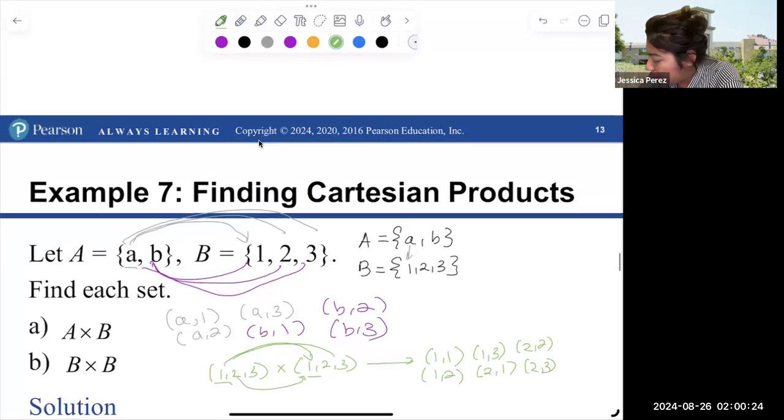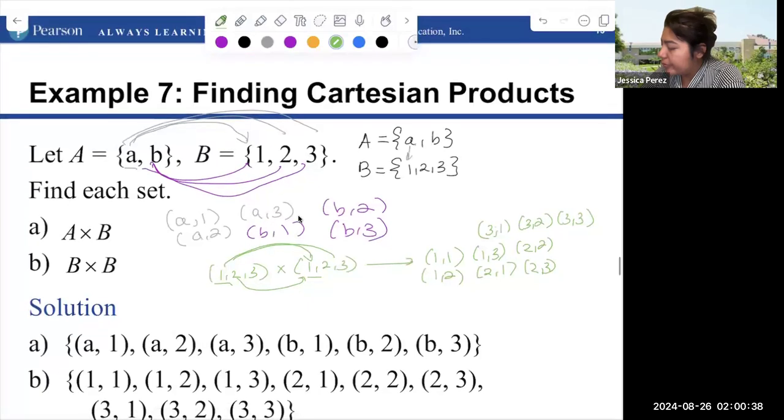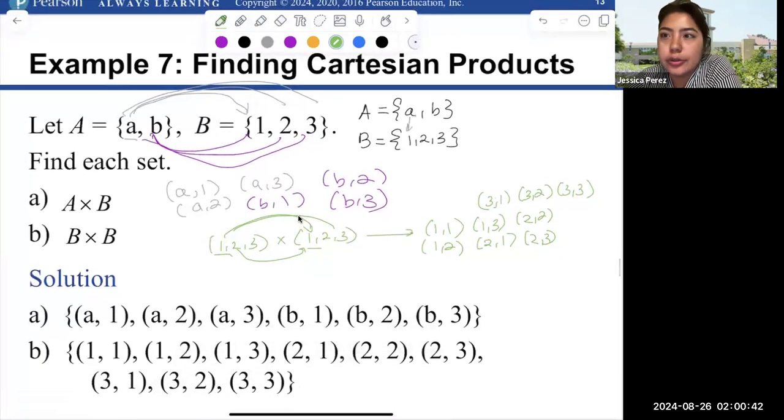Then you go (3, 1), (3, 2), and (3, 3). So you have the Cartesian product. There's your solutions, making sure that you're organizing.